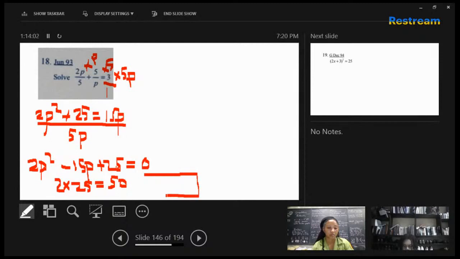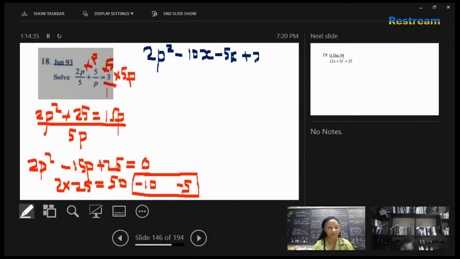Negative 10 and negative 5. They both have to be negative. Alright, so factorize it now. 2p squared minus 10p minus 5p plus 25 equals 0.